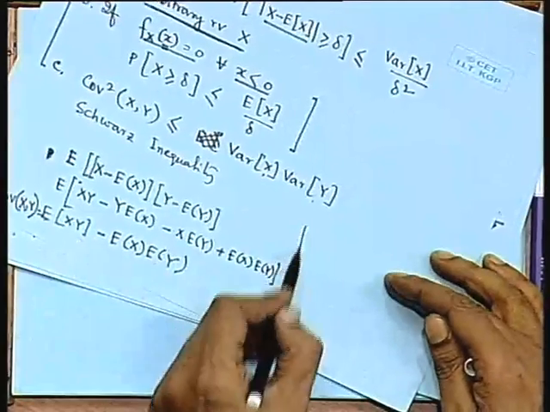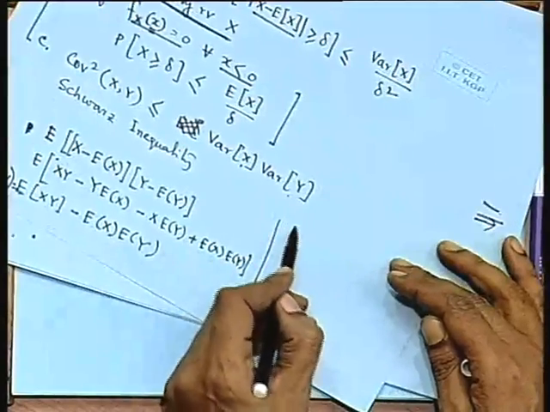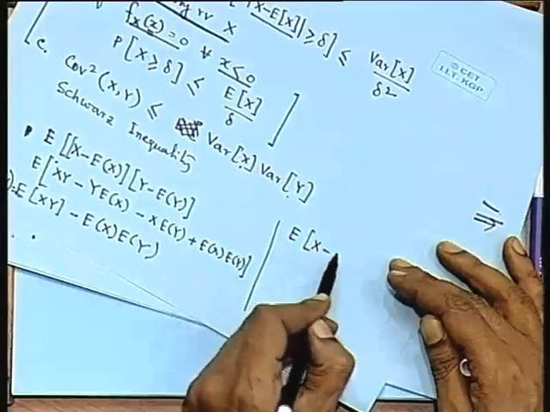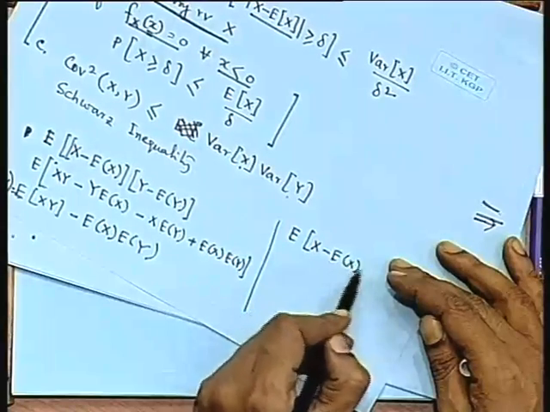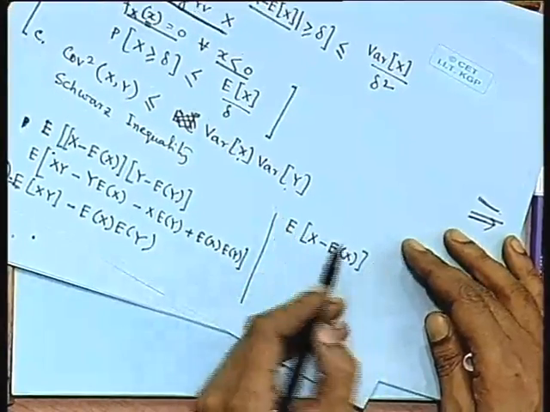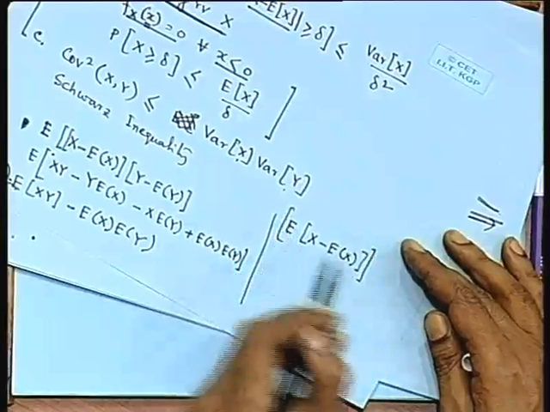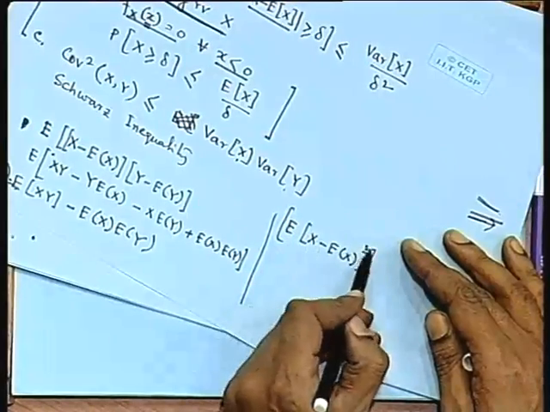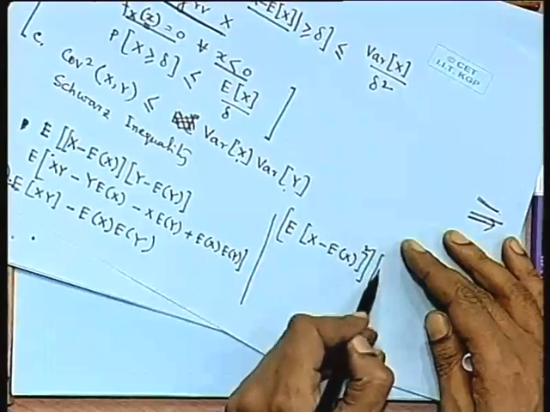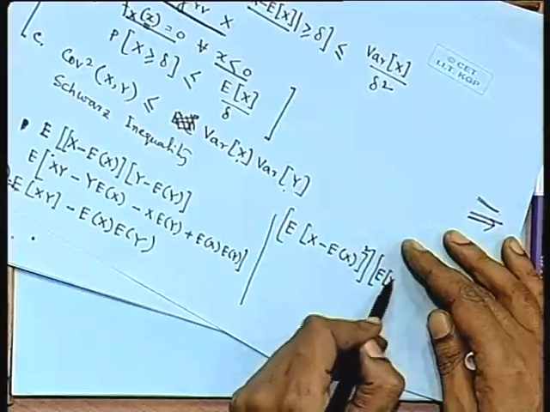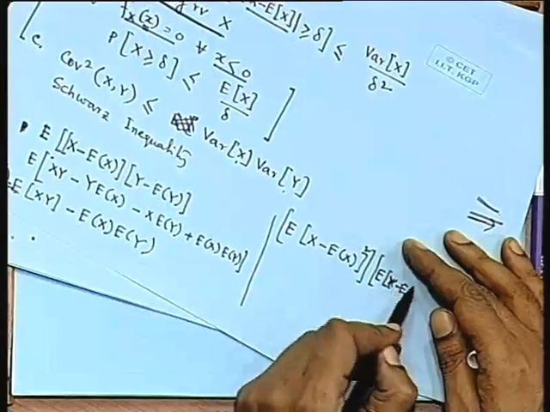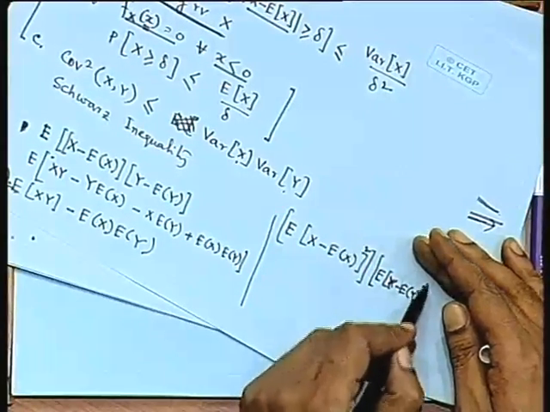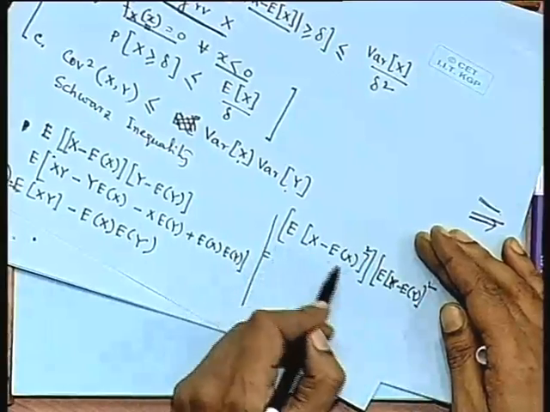Now let us see the other end. So variance of x is expectation of x minus expectation of x whole square, into expectation of y minus expectation of y whole square. What is this?